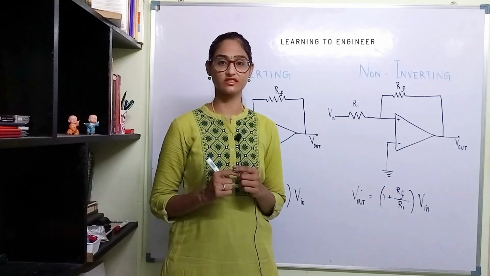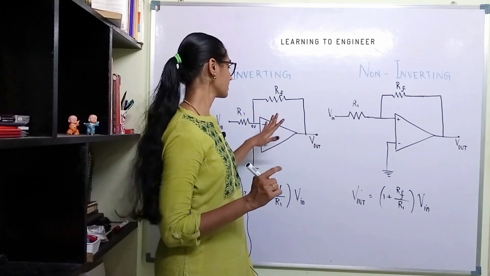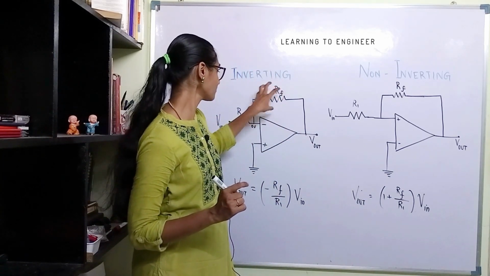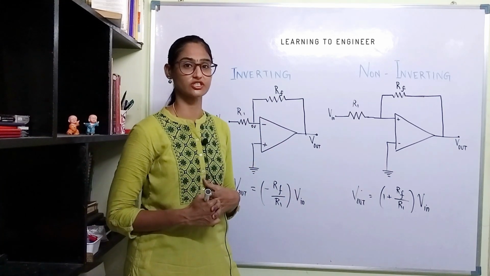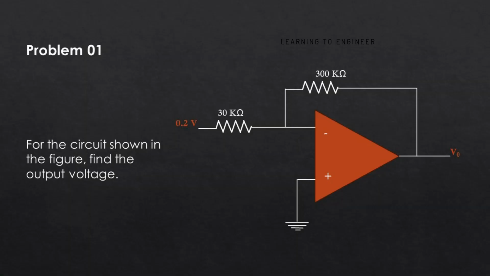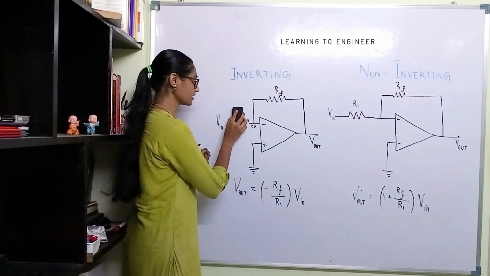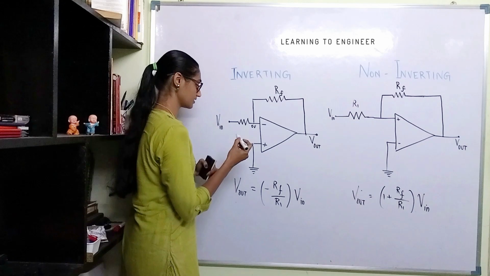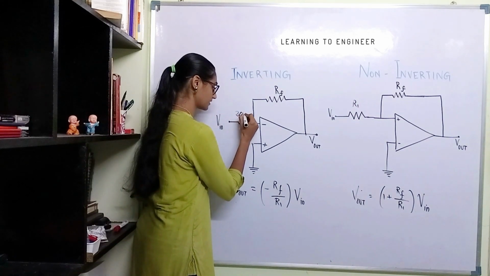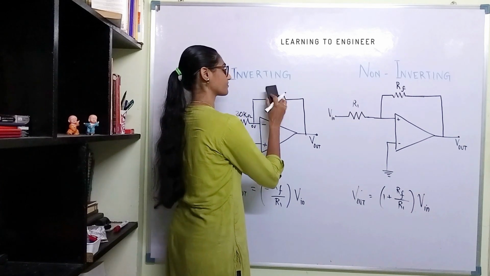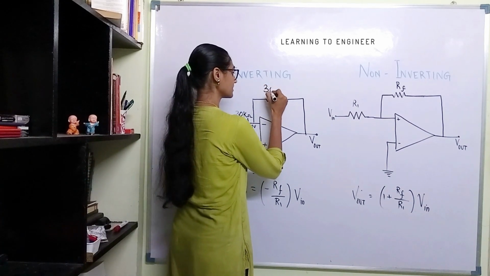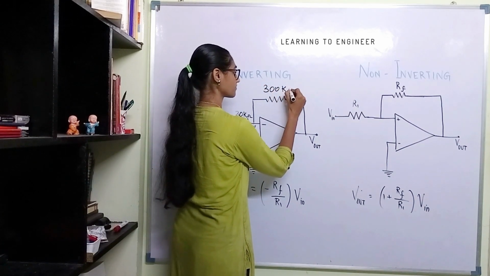The first question is very simple. We will be given the values of RF and R1 and we have to find the output voltage. For the circuit shown in the figure, find the output voltage. In the given figure, R1 is 30 kilo ohm and RF is 300 kilo ohm.